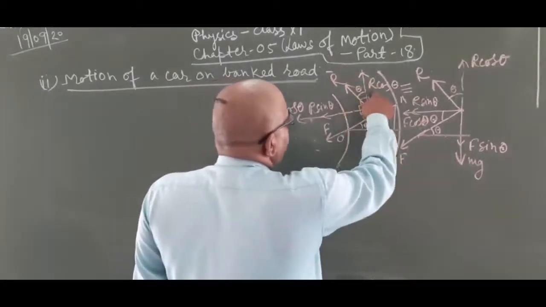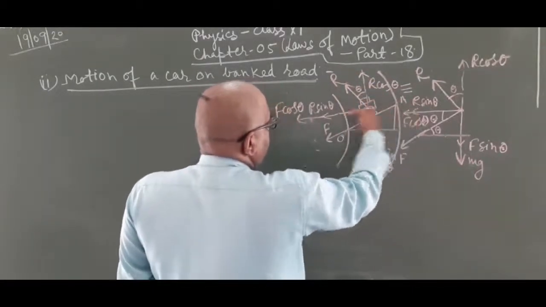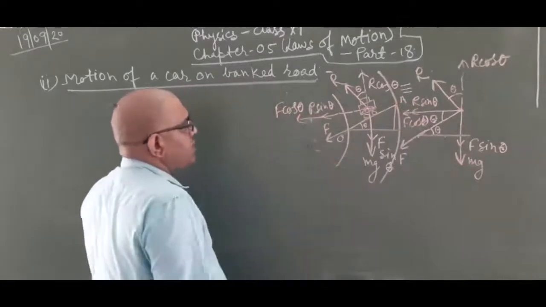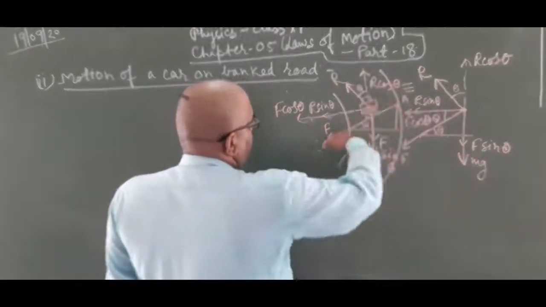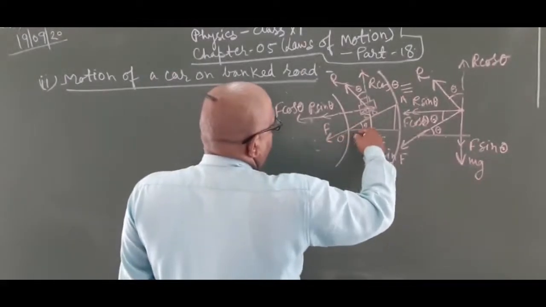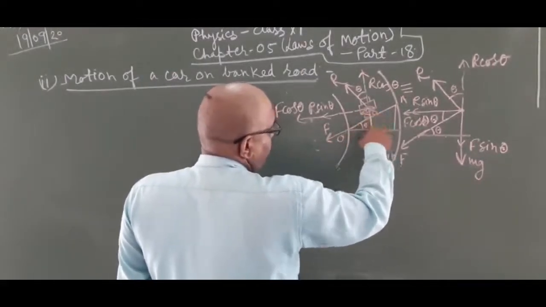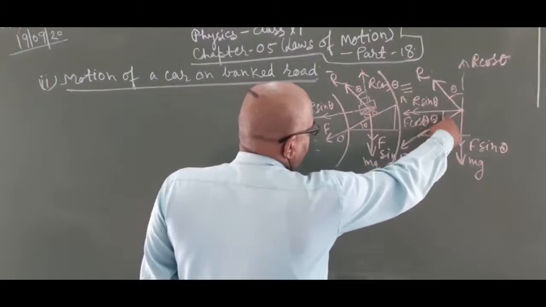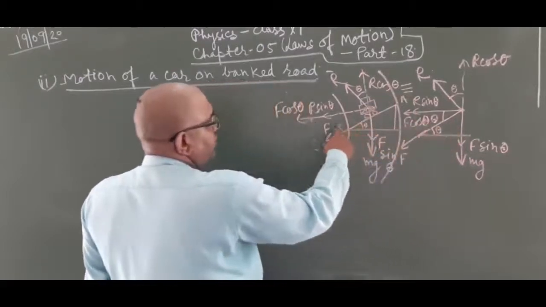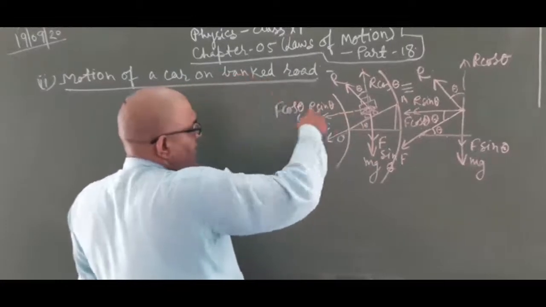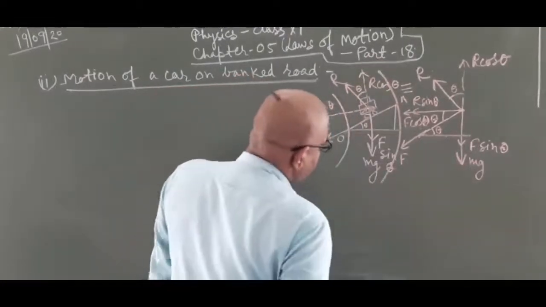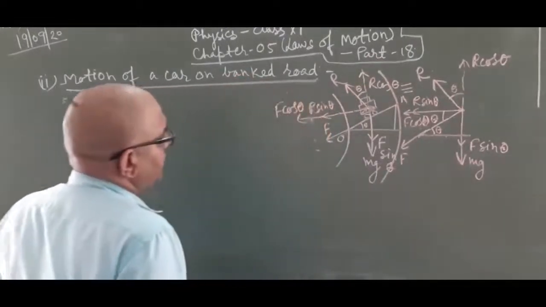So this component is R cos theta, and the component in the horizontal direction is R sin theta. Now the frictional force is along this direction, so it makes angle theta. By alternate interior angles, this angle is theta. So the component of the frictional force along the horizontal direction is F cos theta, and in the vertical direction is F sin theta.